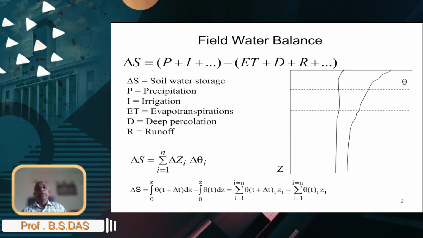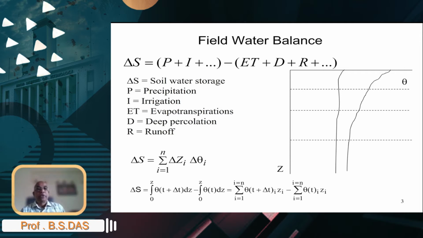So, first one, the field water balance. As all of us now know, the soil retains water. When we add water from different sources, whether it is precipitation, meaning the addition of water from the atmosphere through rainfall, snow, fog, or any other kind of water addition through the atmosphere into the soil.